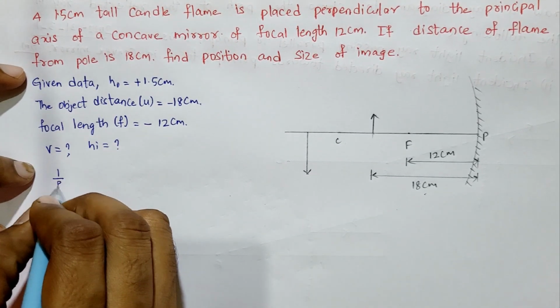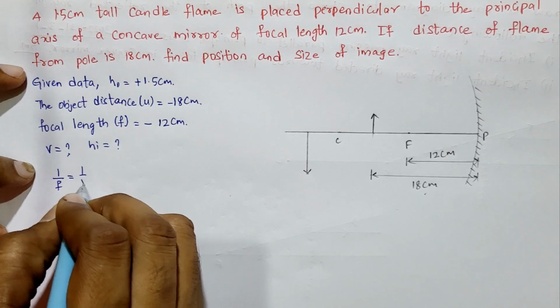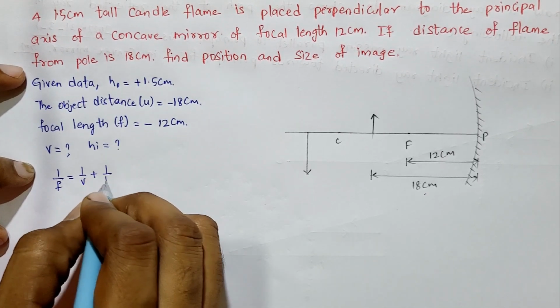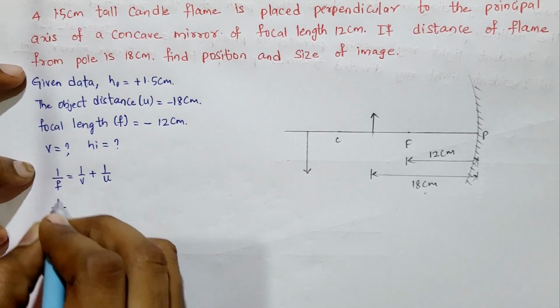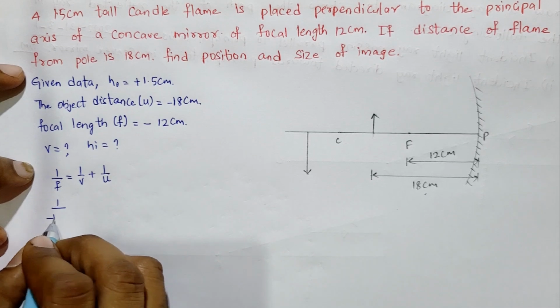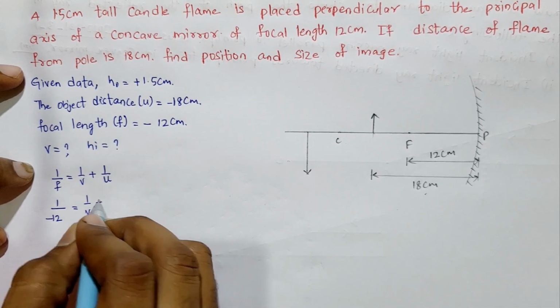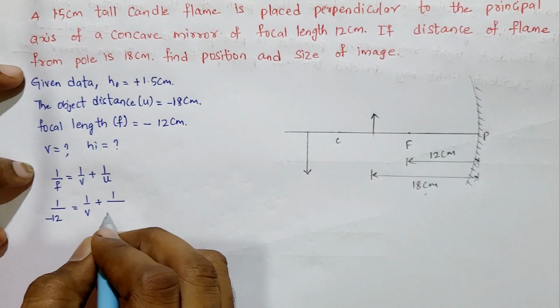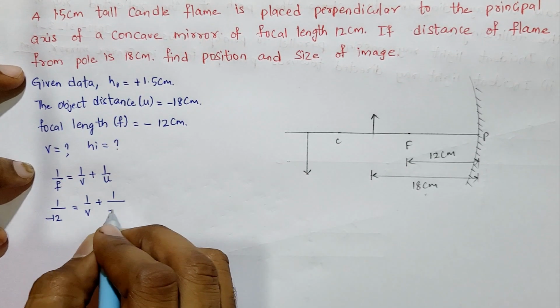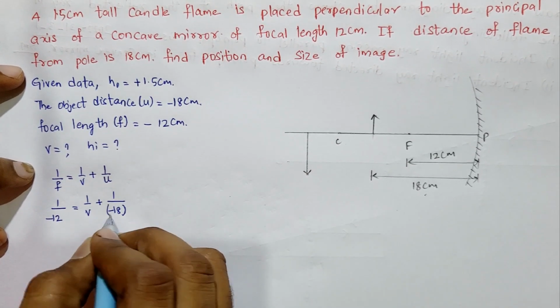We know 1 by f is equal to 1 by v plus 1 by u in case of mirrors. 1 by focal length, how much they gave? Minus 12 is equal to 1 by v, we have to find out, plus 1 by u, given as minus 18. Right.